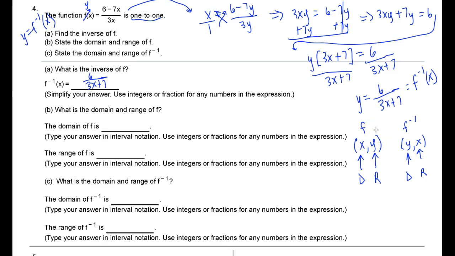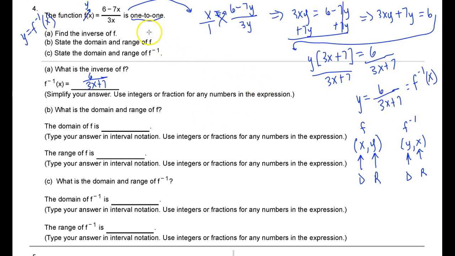So once we find out what the domain of the original function is and the domain of the inverse function, then we will know essentially what is the domain and range of both functions.